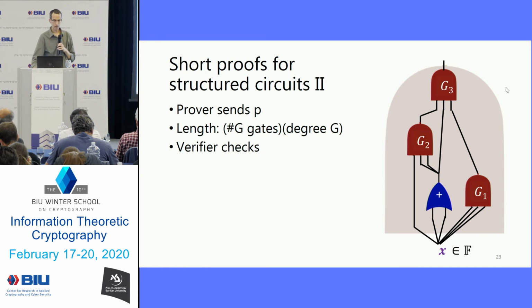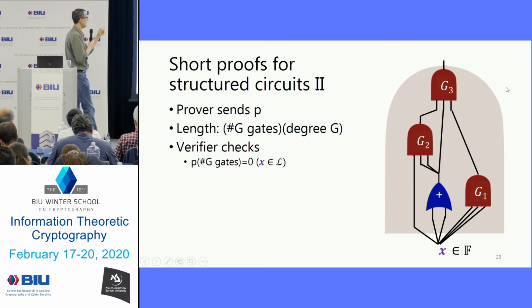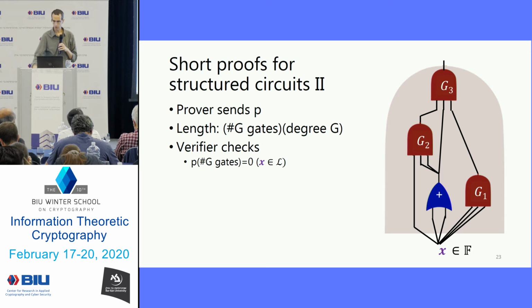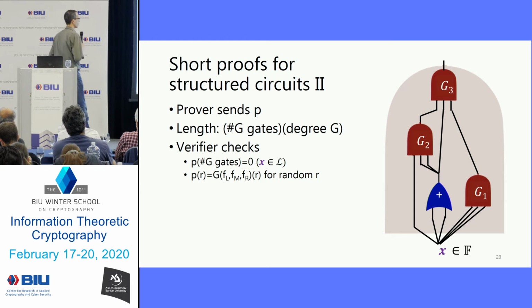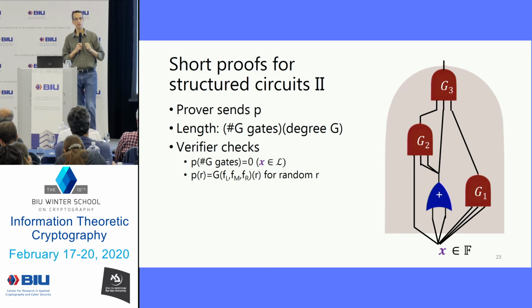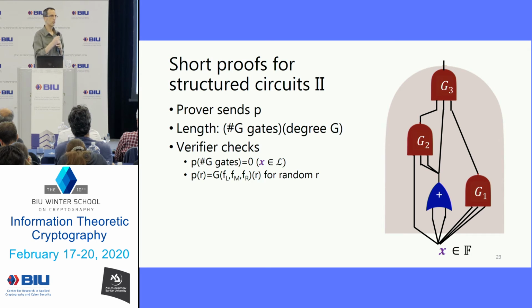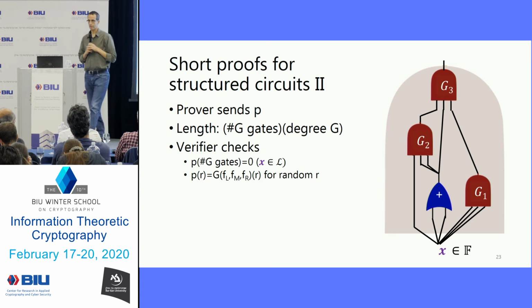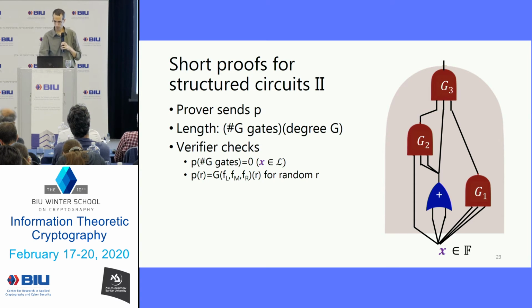And the verifier checks two things. A, that P at this point is 0, and to block certain types of cheating, it checks that P of r at some random point is exactly what the G of these polynomials would have given.